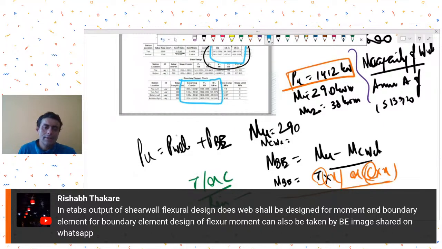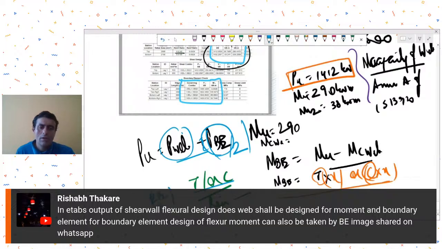Once you have that proportionate distribution, you have the axial load to be taken by the boundary element. Half of it will be taken by each boundary element. So you add this half of the boundary element axial load to your T and C. From here, you find out the reinforcement in the boundary element.